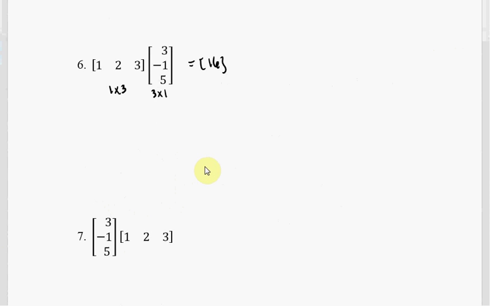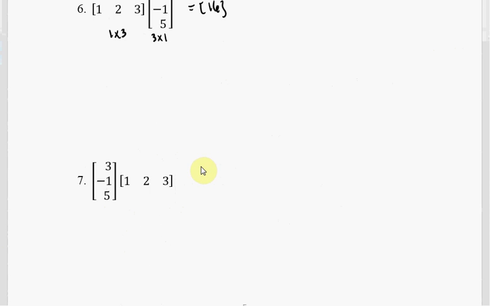Or what I like to do is to take a guy like this, which is a 3 by 1, and this one is a 1 by 3, and so we get a matrix of 3 by 3. And all you're doing is multiplying that first number times this matrix here, you get the first row. It's 3 times 1 is 3, 3 times 2 is 6, 3 times 3 is 9.